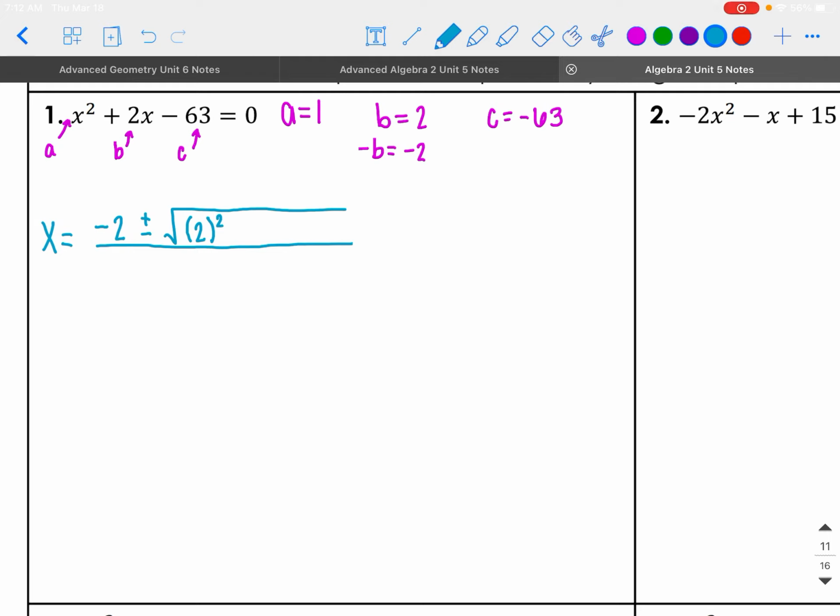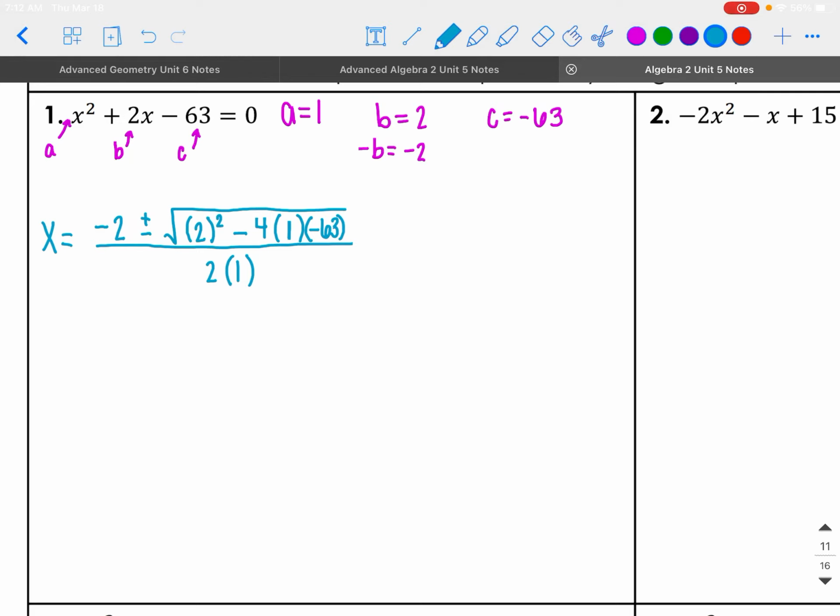Anytime you plug in a number, just put it in parentheses. Minus 4. My a is 1 and my c is negative 63. See how I've just replaced the letters from the formula with the numbers, and I put the numbers in parentheses. And then on the bottom is 2 times a.